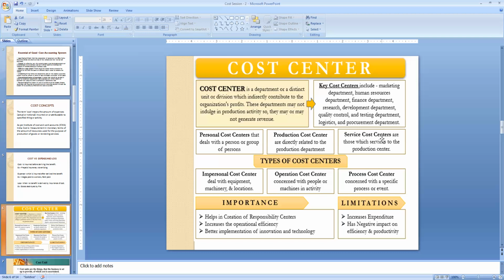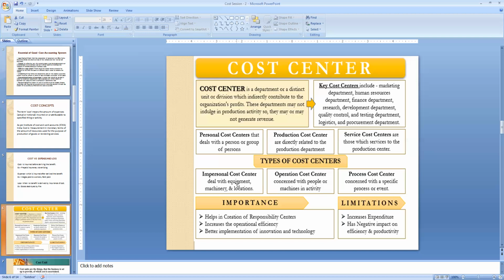For example, for producing a particular product, it requires a powerhouse, stores department, repairs department or canteen department. See, these all come under the service cost center. For the purpose of producing a particular product, all these kinds of services are required. So where we allocate the cost of services rendered for the production center, that is called service cost center.